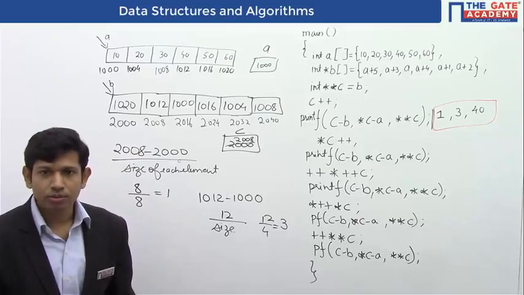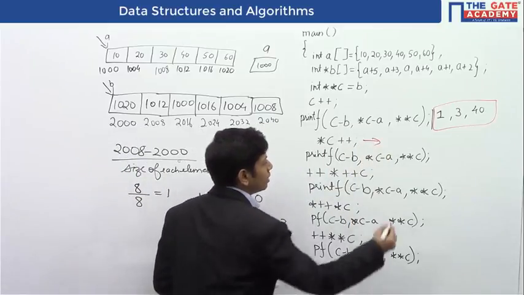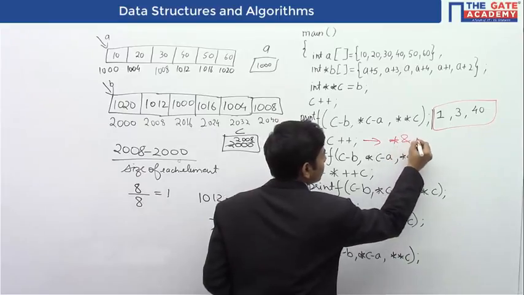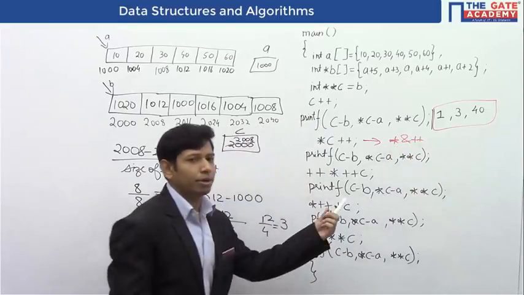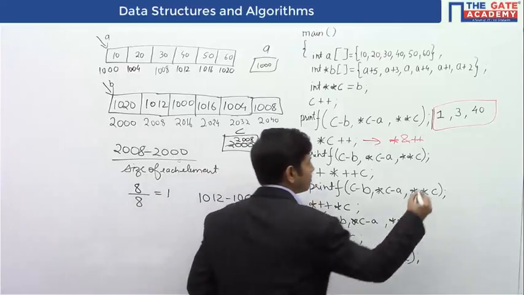So let's note down the precedence rule: star and plus plus always operate from right to left.